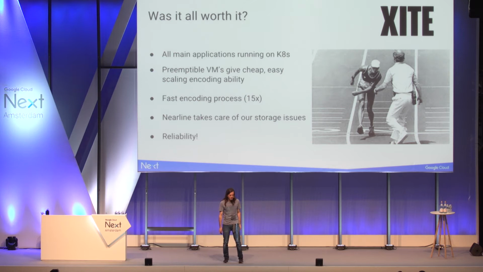So the main question, the $1 million question, was it all worth it? Yes, it was. If your company is thinking about migrating to Kubernetes, you should start right now. It has great benefits, of course, a bit of work to get it done, and the Google Cloud Platform really helps you to deploy it.